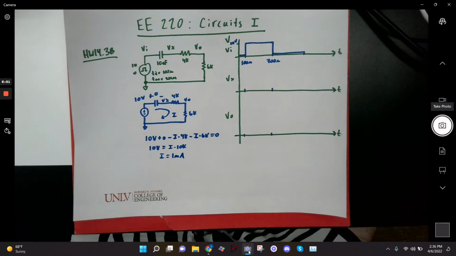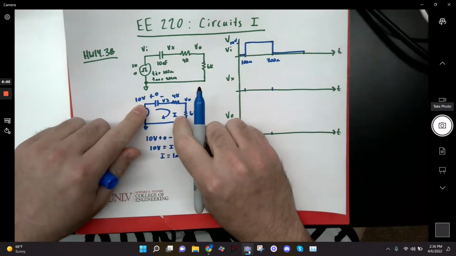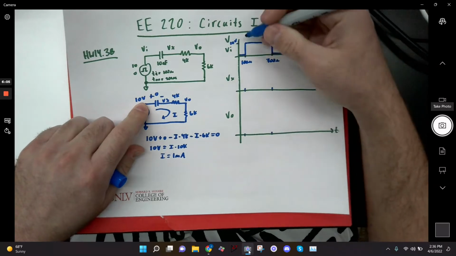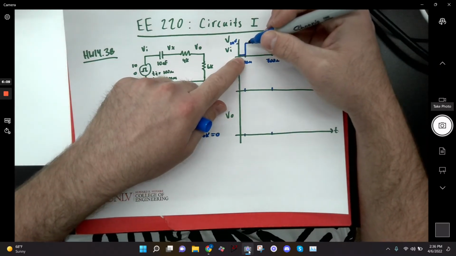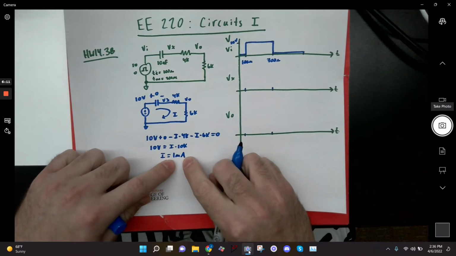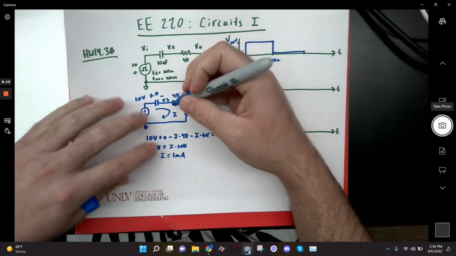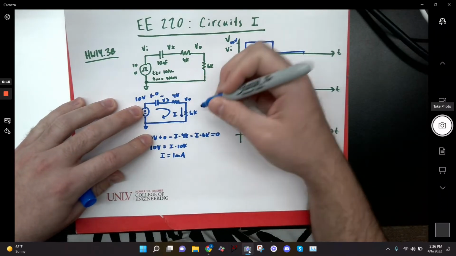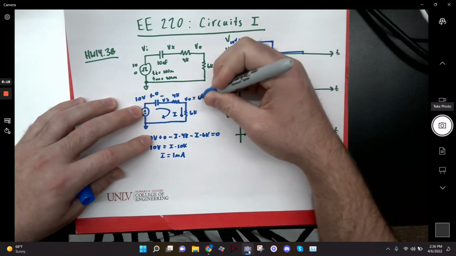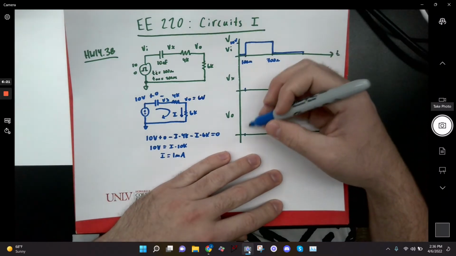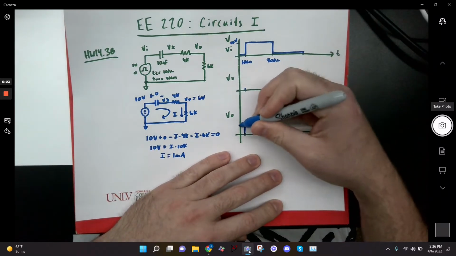And so basically, I know now that at this moment in time, 100 microseconds, when the pulse source reaches 10 volts, I have 1 milliamp flowing in the circuit. Okay, and if I have 1 milliamp flowing through this 6K, what is V out? Exactly. So V out is going to jump up to 6 volts.